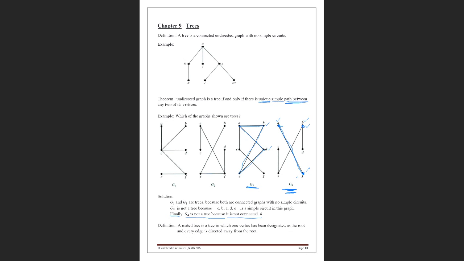So G3 here. Look, I want to go from B to D. Start from B. You will go from vertex to vertex.